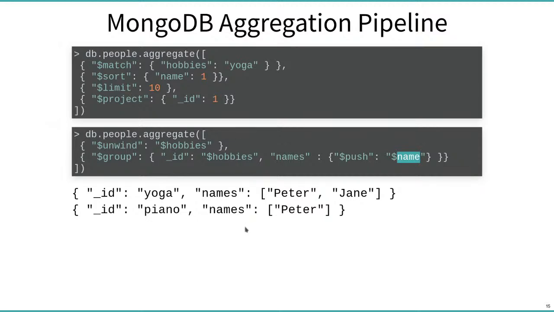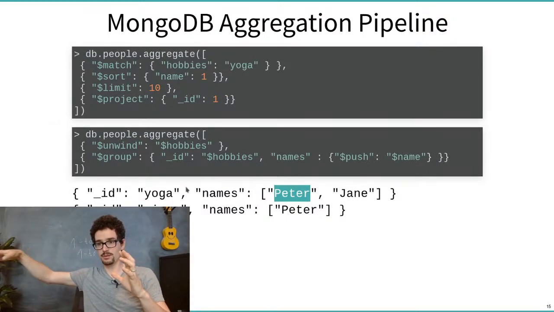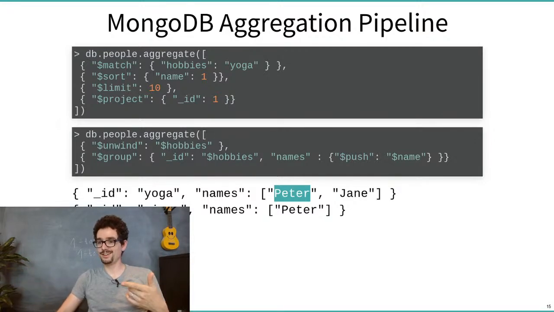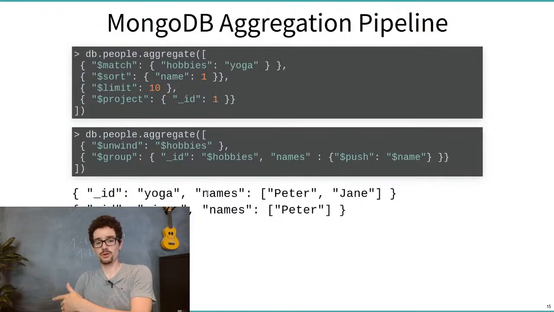So basically with this query we reverse the nesting. In our original document we had name Peter and a hobby array. Peter has the following 5 hobbies, and so on. And now I reverse the nesting. The hobby yoga is used by the following persons, Peter and Jane.